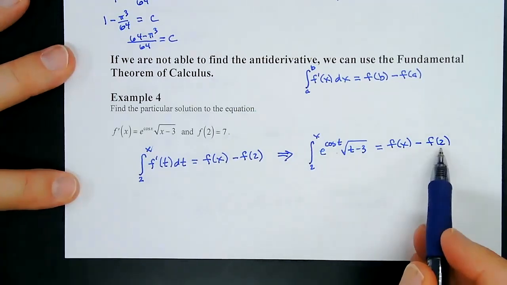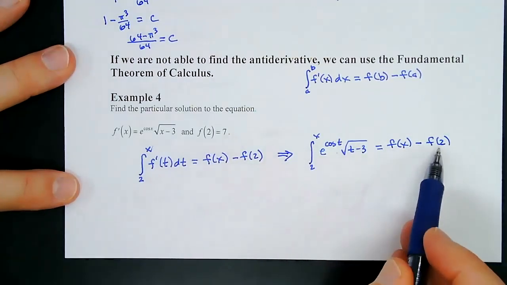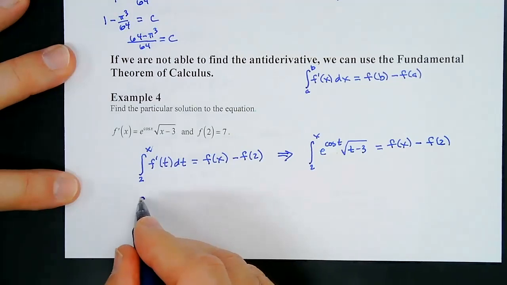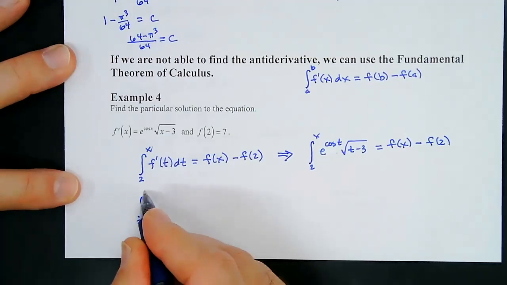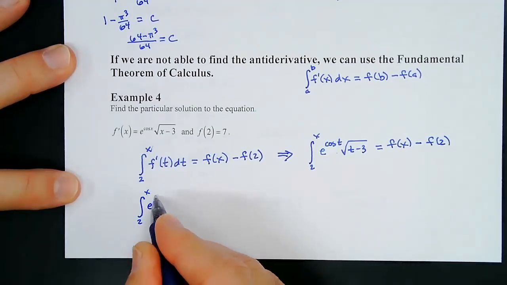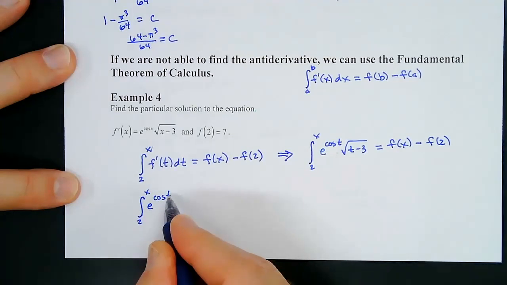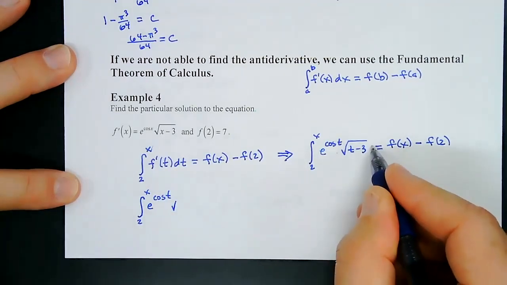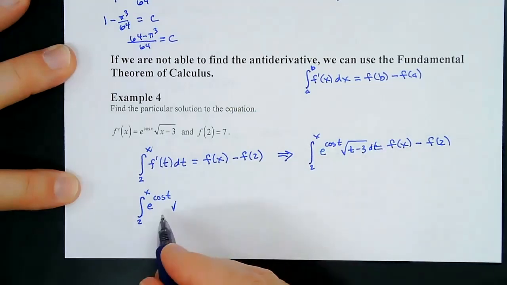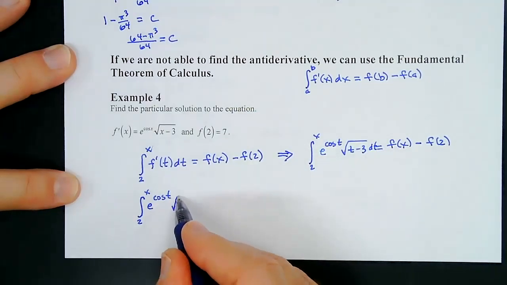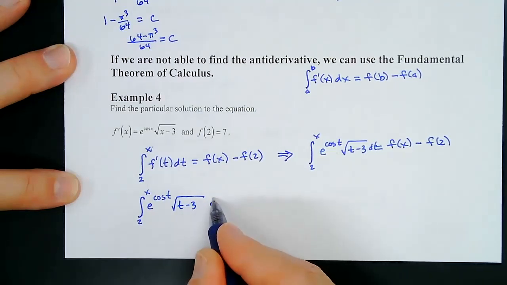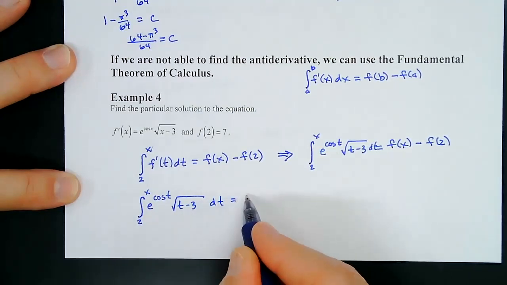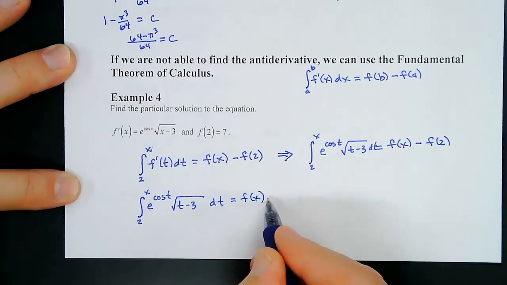Well, what do we know is F of 2? Well, F of 2 is 7, so this is minus 7. So then this becomes the integral from 2 to x, e to the cosine of t, and you know what? I forgot to write dt right here. There should be a dt right here. e to the cosine t, square root of t minus 3 dt is equal to F of x minus 7.